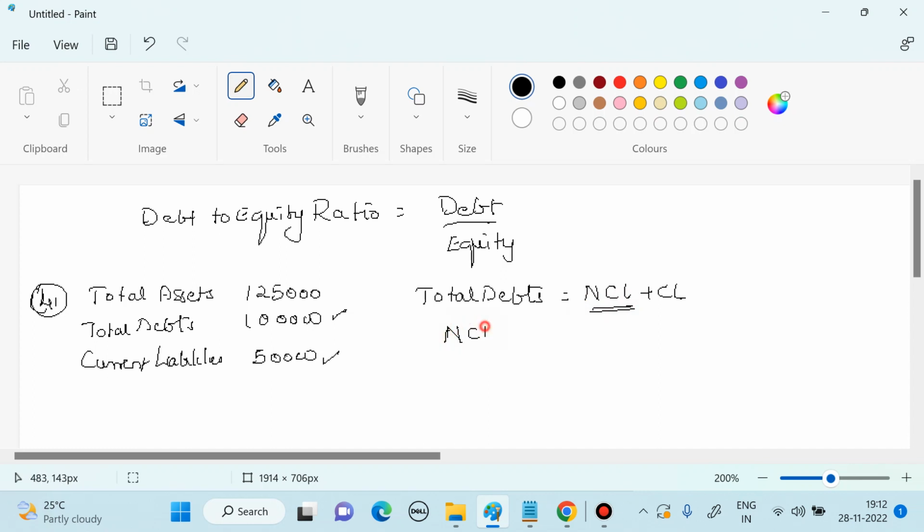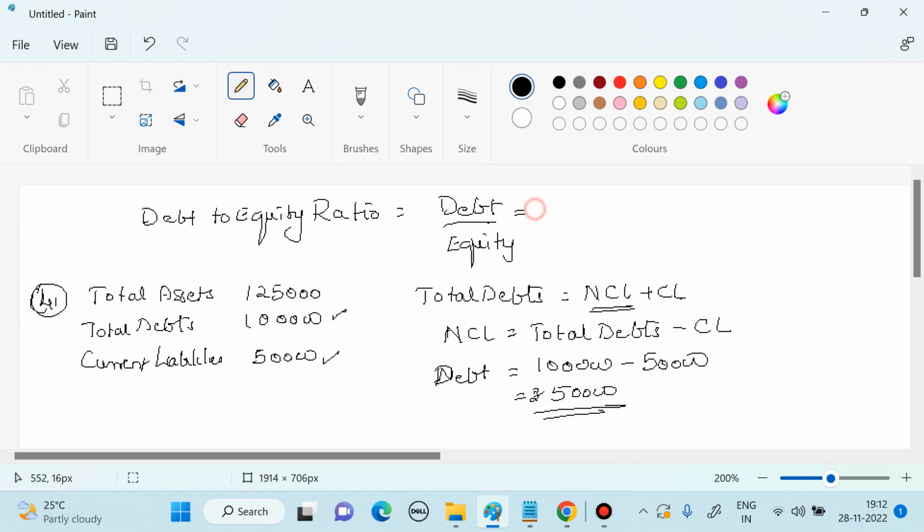Therefore, if we remove the current liability from the total debts, we are left with the amount of debt. So total debts given is 1 lakh, current liability given is 50,000. So you get rupees 50,000 as the numerator.